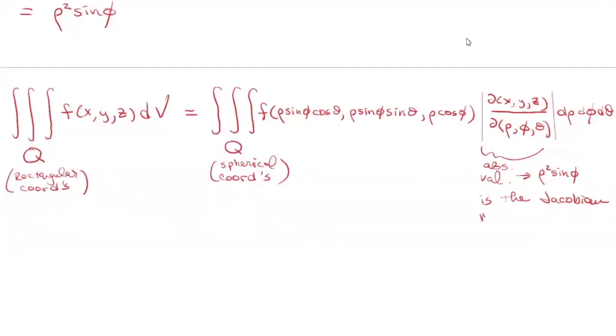Must be positive. The only way we can demand this is that phi stays in quadrant 1 or 2, because the sine is positive everywhere there. That is to say, phi needs to be between 0 and pi. Remember, phi is measured down from the North Pole. So that's the requirement on phi.